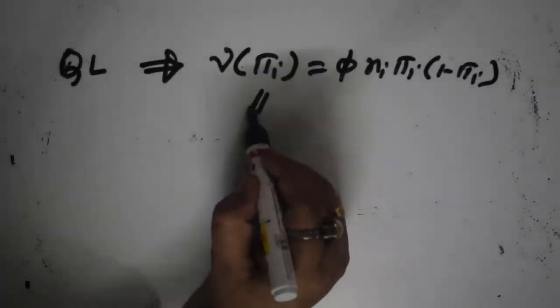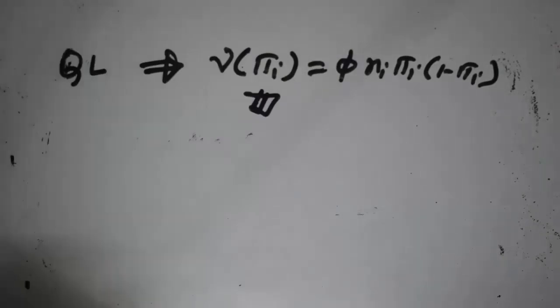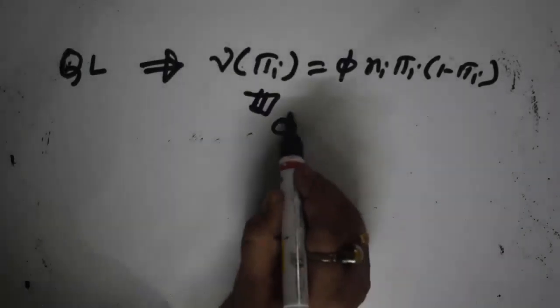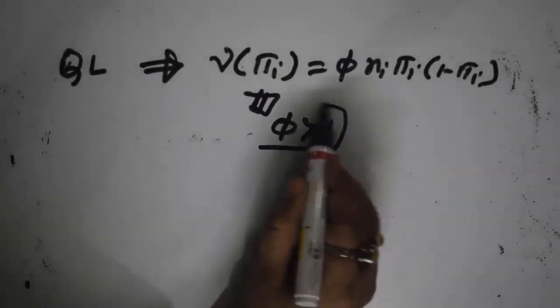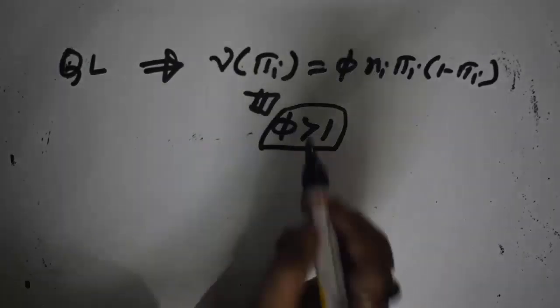Overdispersion occurs when phi is greater than 1.